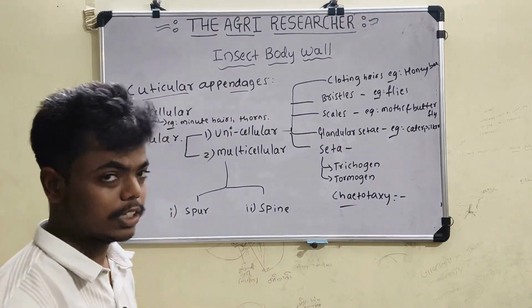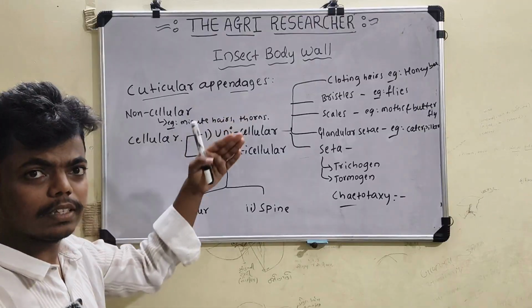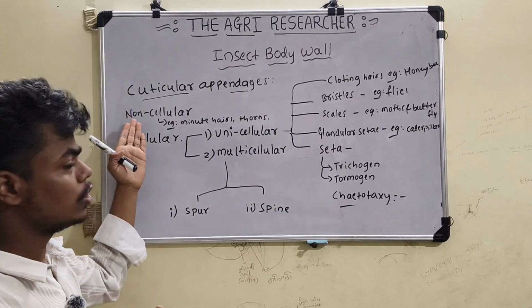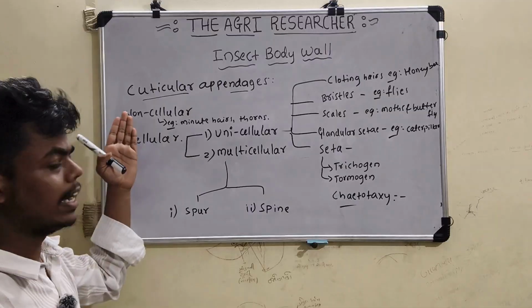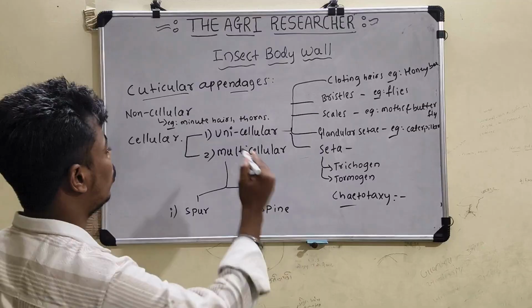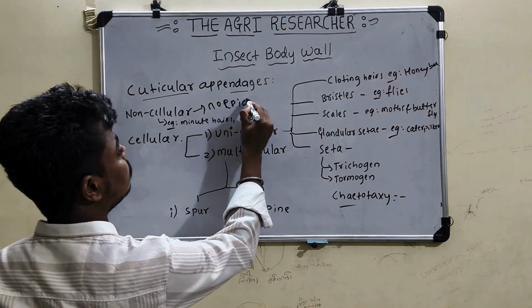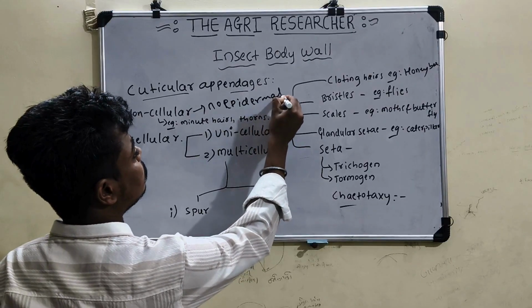Next, move to the next part. Cuticular appendages are there. In these cuticular appendages, there are two layers: non-cellular layer and cellular layer. As the name says itself, non-cellular means there is no epidermal association.